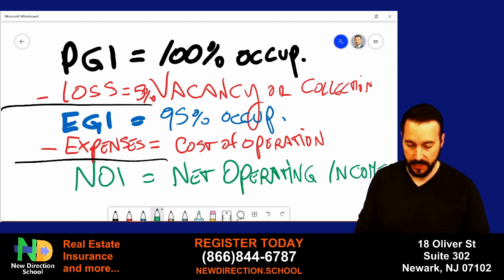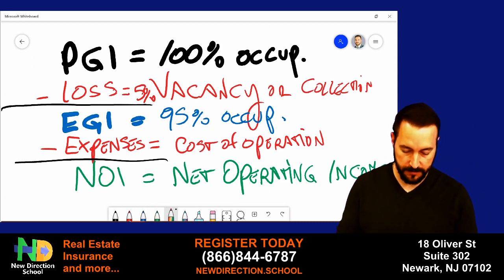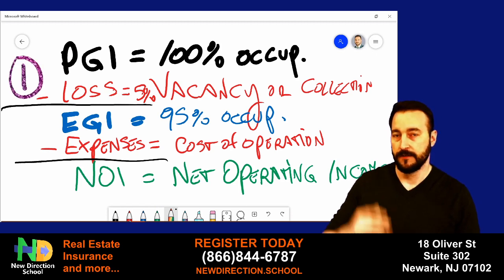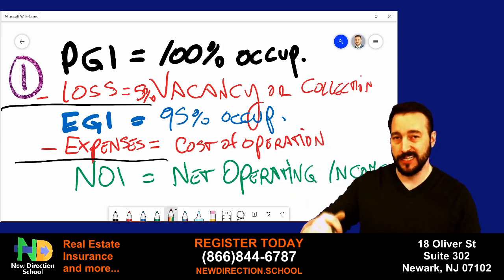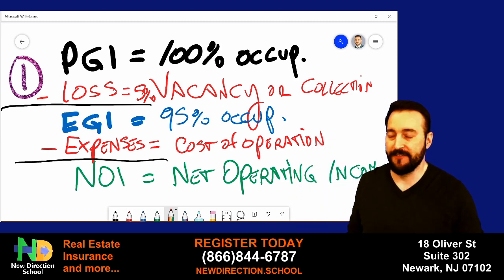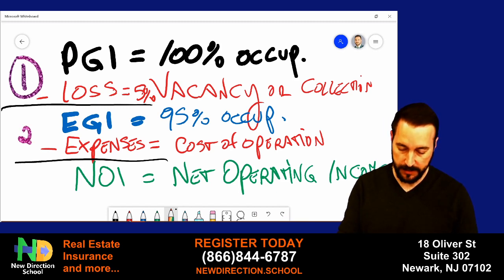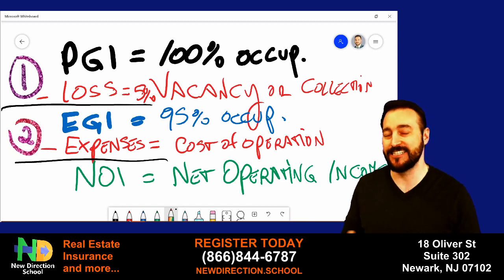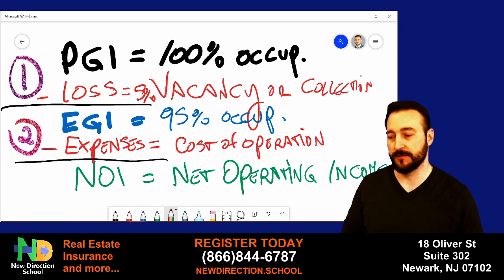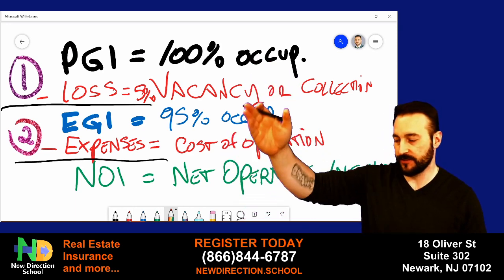Now, just want to put this here. Nice colorful things. The first step is PGI, potential gross income, minus what we know is the average market loss that we have in this type of property. Okay. Step number 2 is EGI, effective gross income, which is the outcome of these two, right?